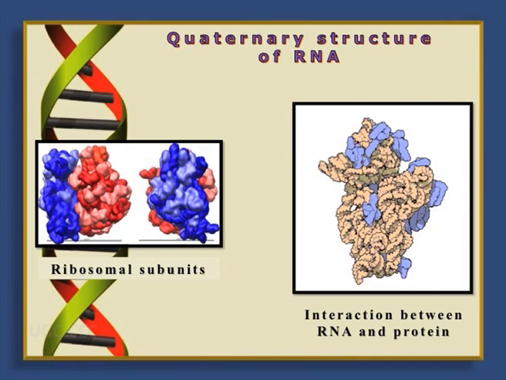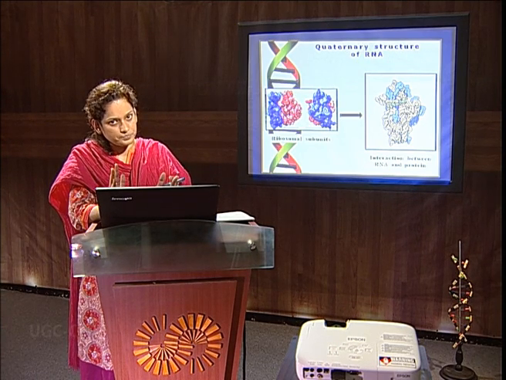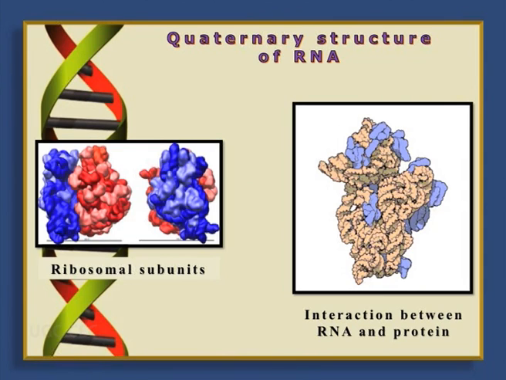The two subunits come closer to each other, and hence there is a quaternary interaction between the rRNAs. Similarly, the rRNA along with the proteins present in the ribosome interact with each other. This is again another best example of quaternary structure of RNA. Thus, this helps in performing the physiological function better.